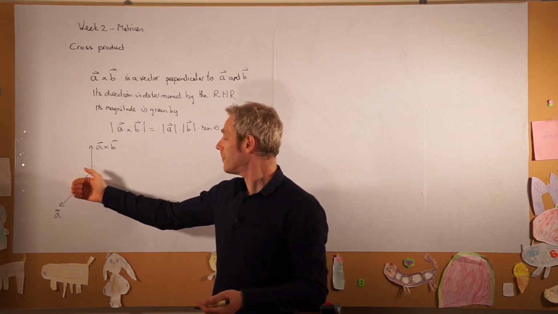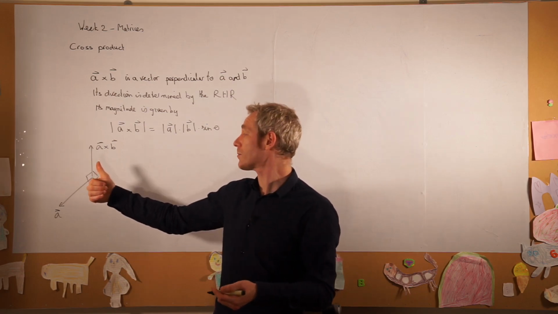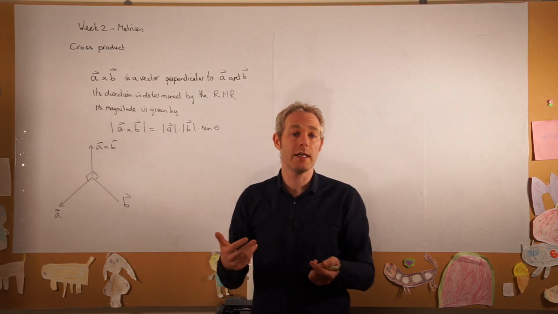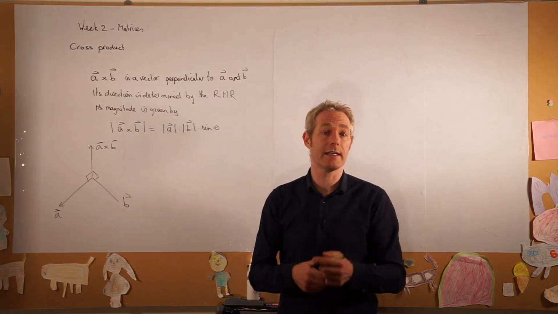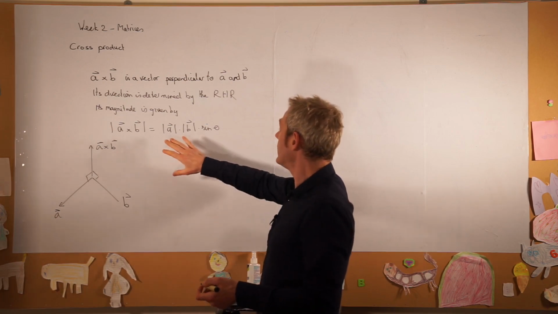So we start with our fingers pointing in A, curl them to B, and the direction of the cross product is in the direction of our thumb. And this right hand rule you see in different areas, and especially in electromagnetism as well.